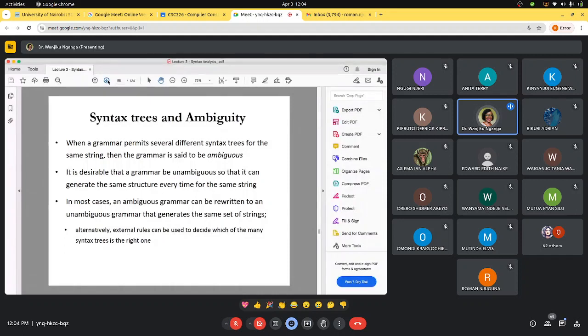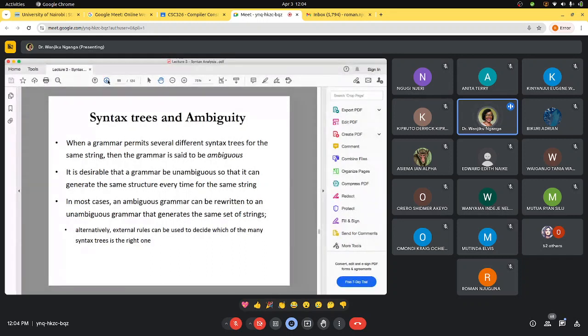For natural languages, there are things called references, like pronouns, which can be very ambiguous. When you've introduced very many nouns and then you say he, she, or it, that generates a lot of ambiguities if you're trying to parse natural language sentences.